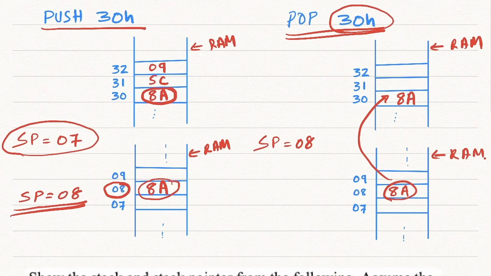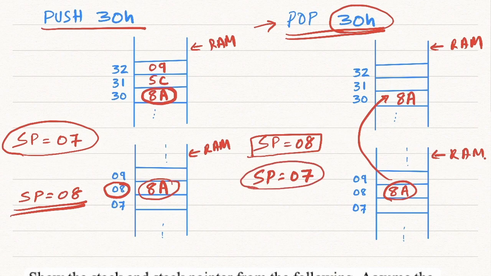So this is what is happening. But while executing the pop instruction, you've seen that the stack pointer was 08. After the execution of the pop instruction, the stack pointer will become 07. That means it will do a decrement after the pop instruction.